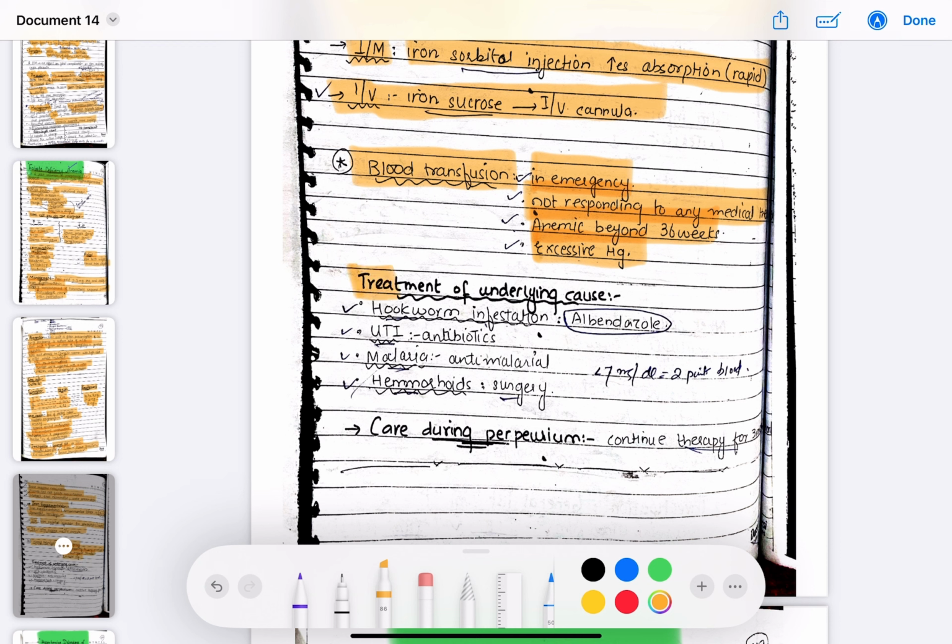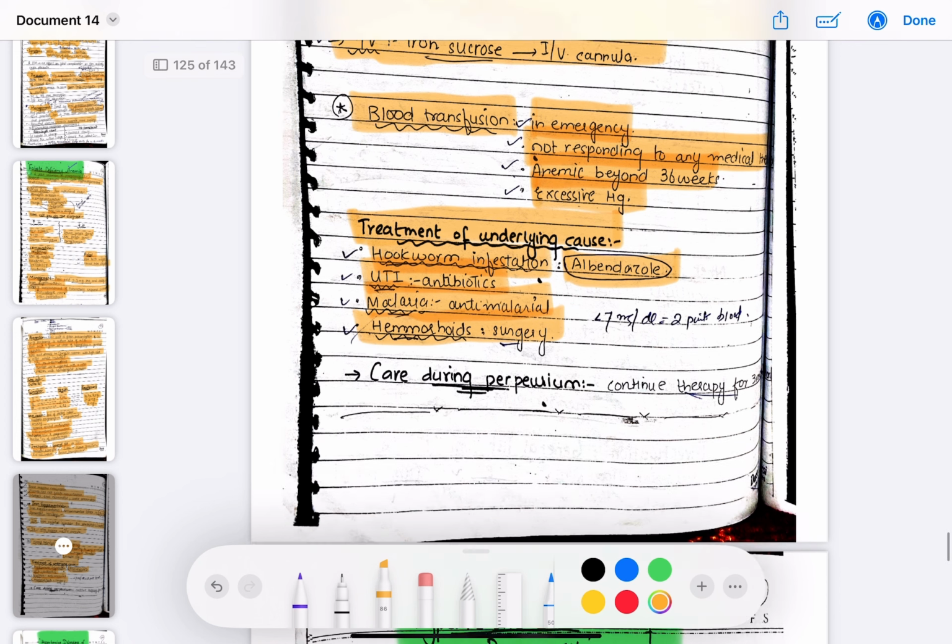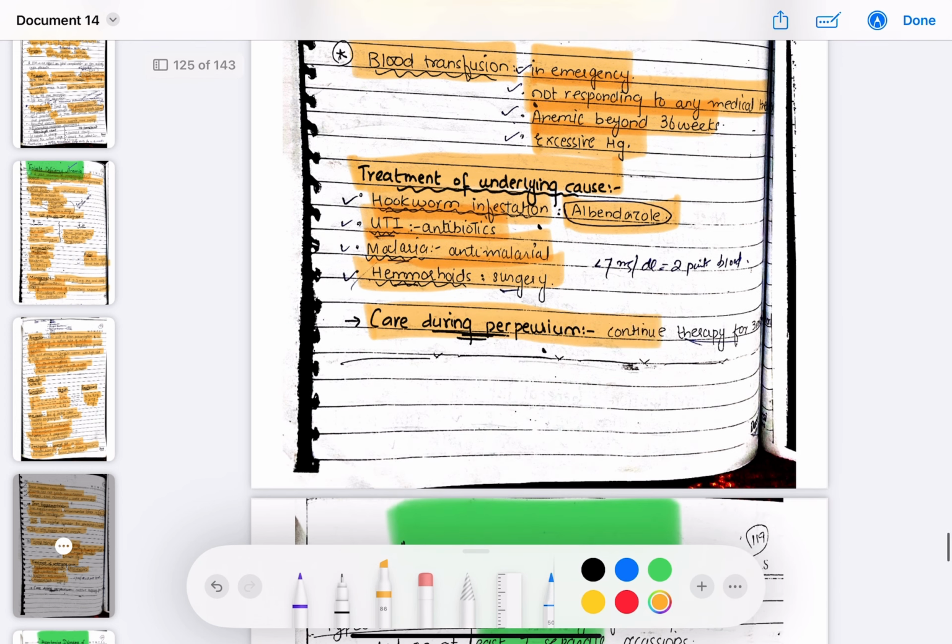Now, the treatment of the underlying cause: for hookworm infestation, albendazole; for UTI, antibiotics are given; for malaria, antimalarials are given; and for hemorrhoids, surgery is done. Care during the puerperium is continuous therapy for the treatment.